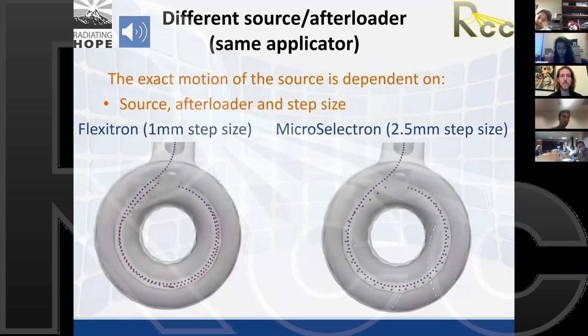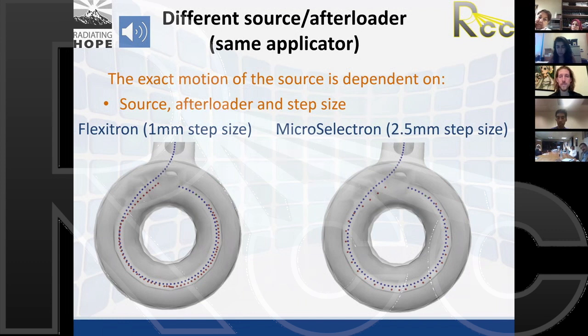Another thing that the motion of the source is dependent on is the source itself, the afterloader used, and the step size chosen for the treatment. In this slide, we can see the different source paths taken for a flexitron system with a 1 mm step size and a microselectron system for a 2.5 mm step size.